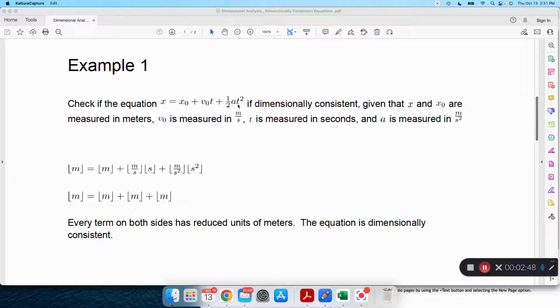T was seconds, so seconds squared will give me a second squared here. And here the seconds will cancel out, leaving just meters. Here second squared cancels out, leaving meters. All four terms really have units of meters, so this equation is dimensionally consistent.